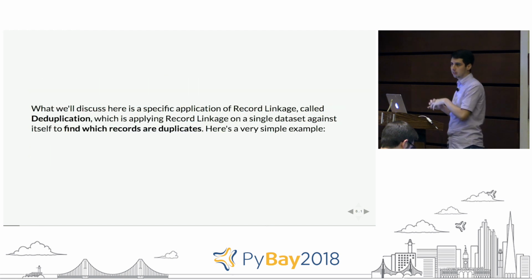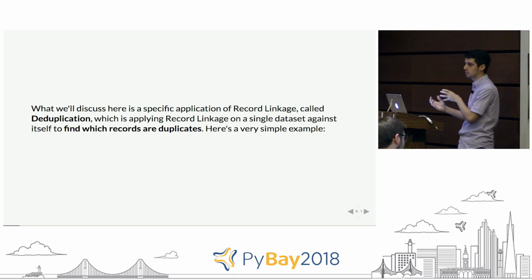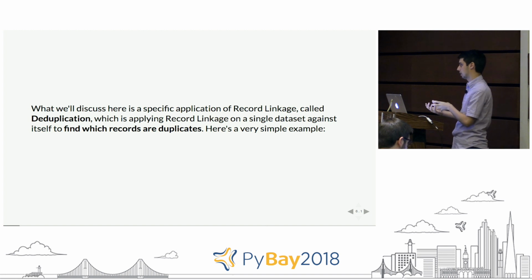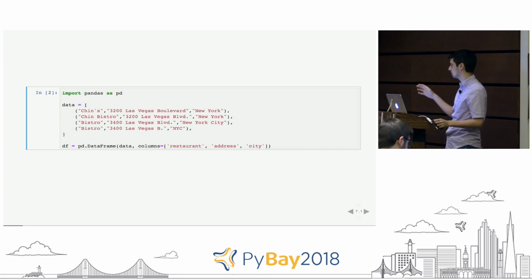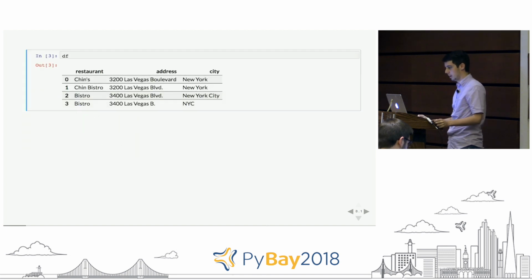What we're talking about here is a specific application of record linkage called deduplication, which is applying record linkage to a single data set, against the data set itself, to figure out which records are duplicates. Here's a very simple example. I'm creating a pandas data frame here, and we have a restaurant name, address, and city.